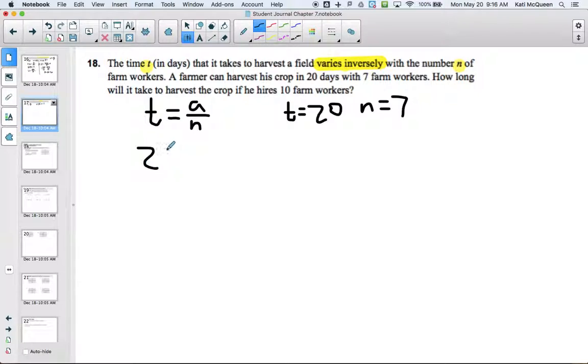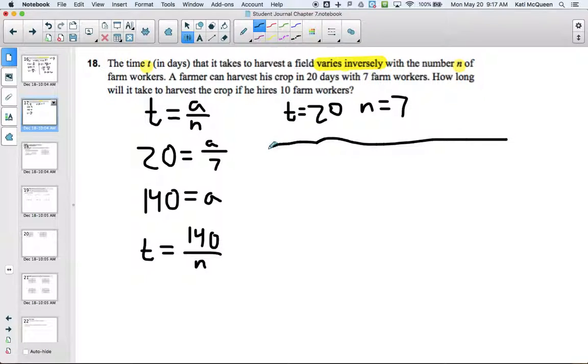So 20 equals A over 7. Okay, multiply each side by 7 here. So we get 140 equals A. So I can now write my equation. So T equals 140 divided by N.